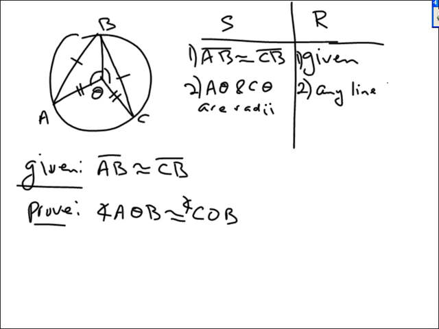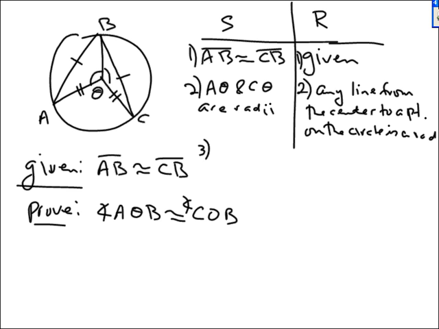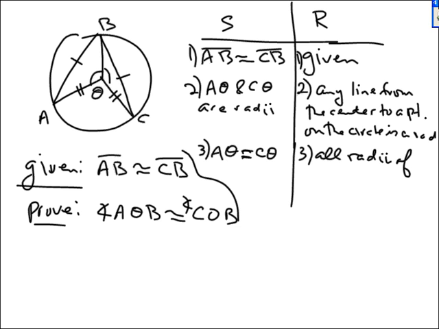Any line from the center to a point on the circle is a radius. Now, number 3, I'm going to say that those radii are congruent. All radii of the same circle are congruent.